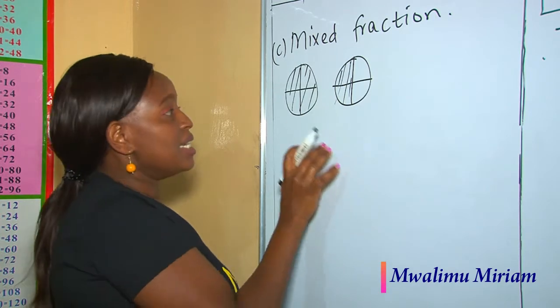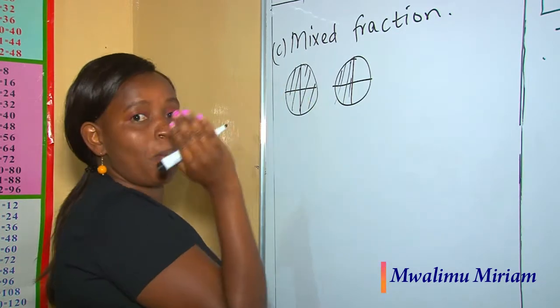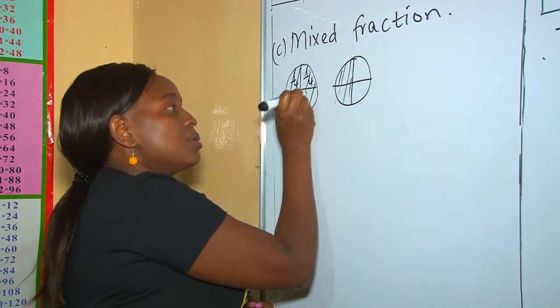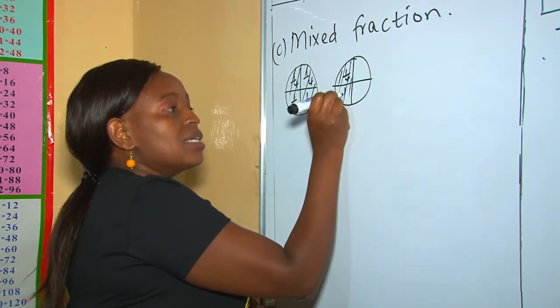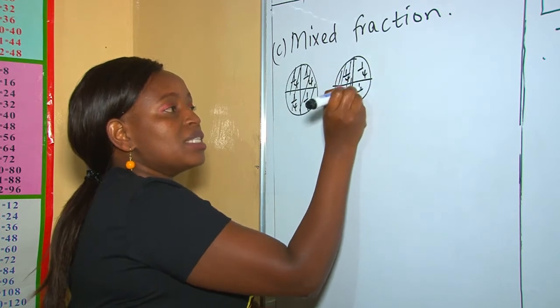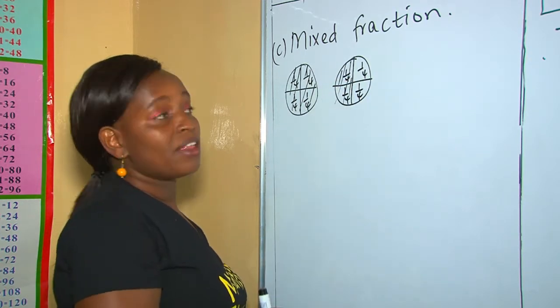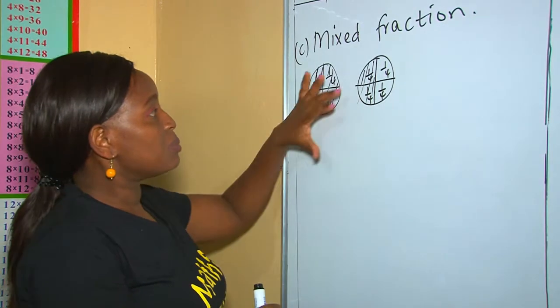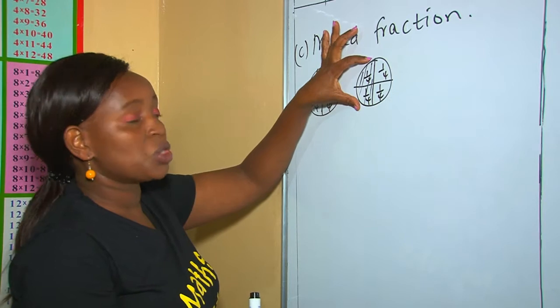And as you can see, the oranges are divided into 4 parts, meaning these are quarters. Therefore, to write this one as a fraction, this part is required and this part is also shaded.